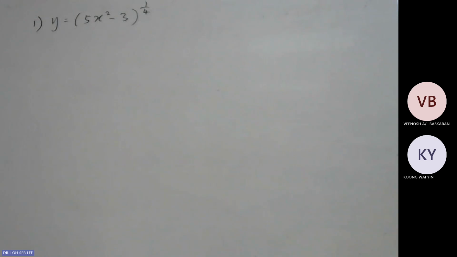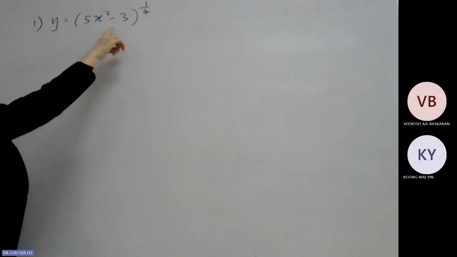Okay, numbers 1, 2, 3, you can use the chain rule. Number 4 can be the chain rule or the extended chain rule. Okay, this one.